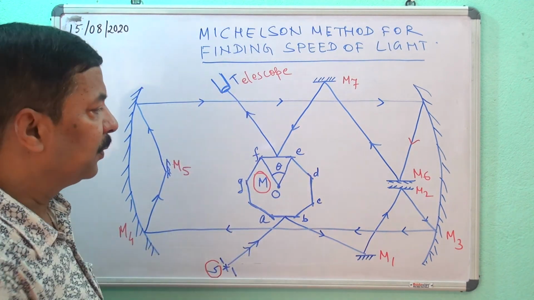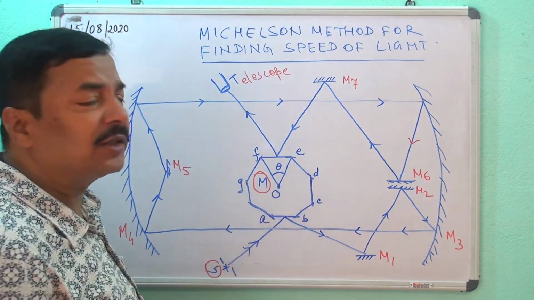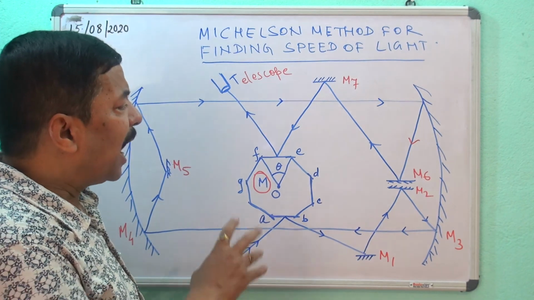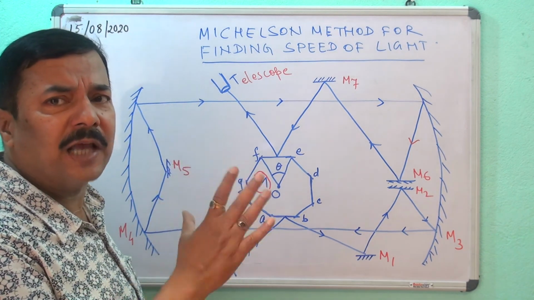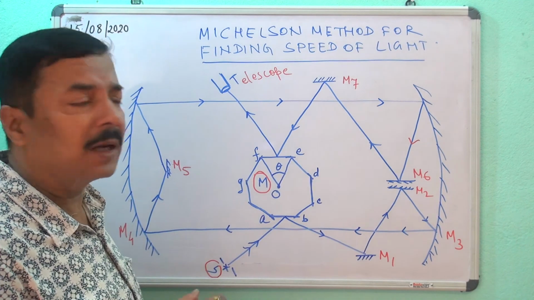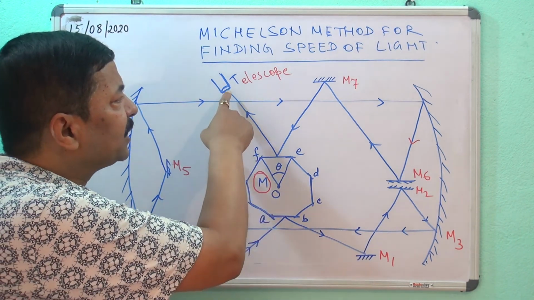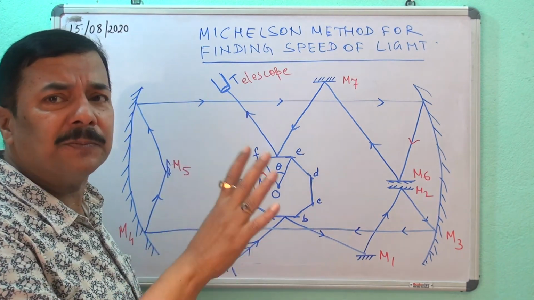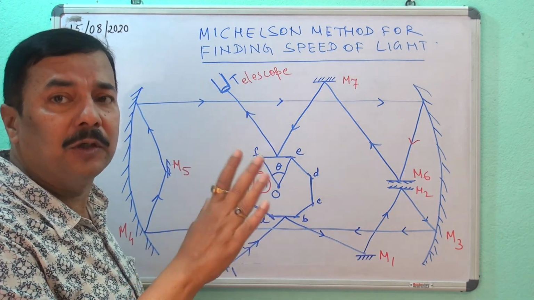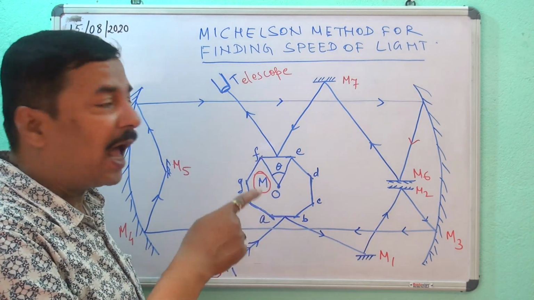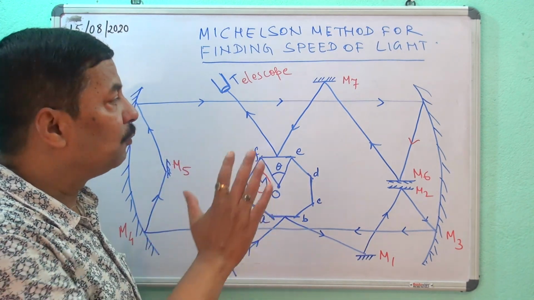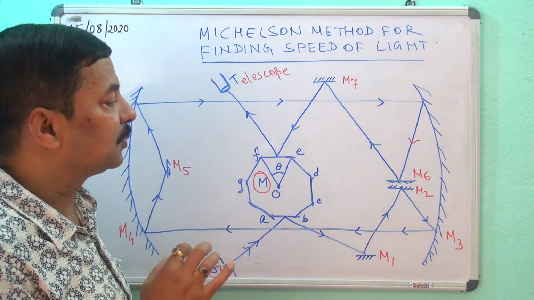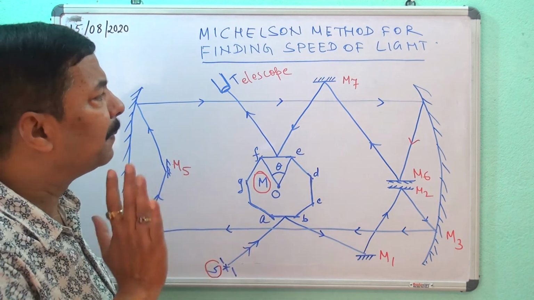The angular speed of rotation is increased, and at a particular fairly high value, we observe that a sharp and stable image is seen in the telescope. That specific value of angular speed is noted, and then with the help of calculation we are able to find the speed of light using Michelson's method. So this is the basic experimental arrangement.